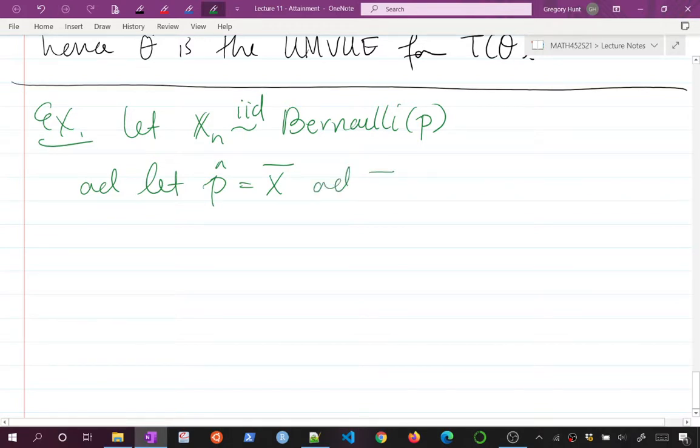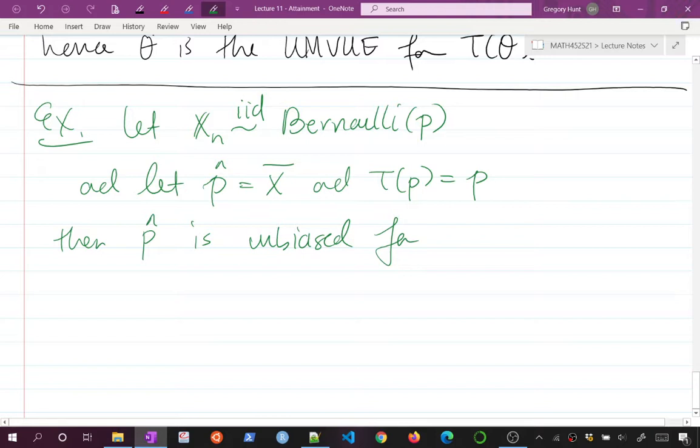And tau of p would be, let's just call it p. So tau is the identity function. Then p hat is unbiased for tau of p, right? Why is that true? The expected value of x bar is p, right? So we're all good. So this is an unbiased estimator.